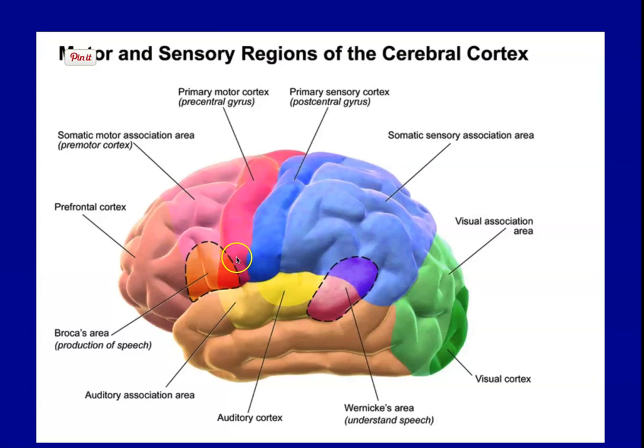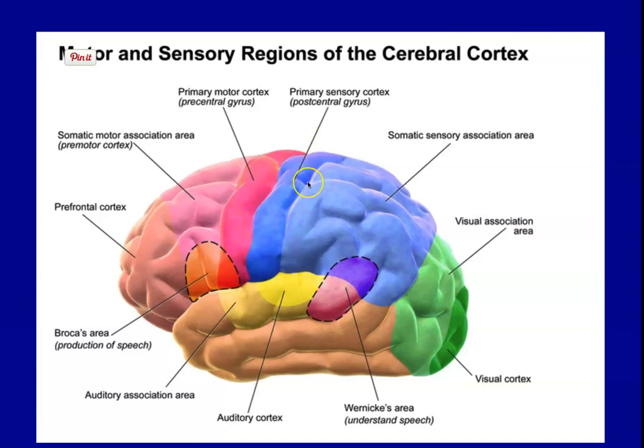So you can mark a few other things on here. So let's have you mark the primary visual cortex. Here in this picture, they just call it visual cortex. You should really call it the primary visual cortex. It'll help you remember that information coming in from the eye is ushered back here. It shows up here first, and then it moves to the visual association areas where it is further processed.